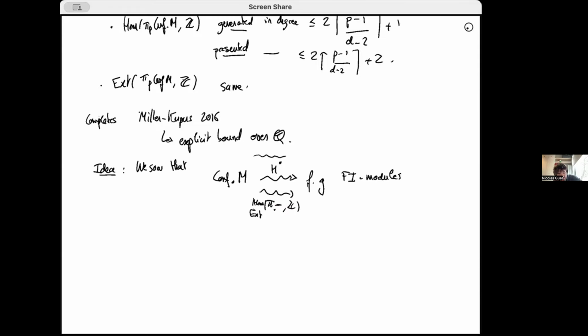So a natural question, and I think it was asked by Steven Sam when noticing this phenomenon, is can we formulate the finite generation property directly at the space level? Can we see the representation stability phenomenon directly at the space level?